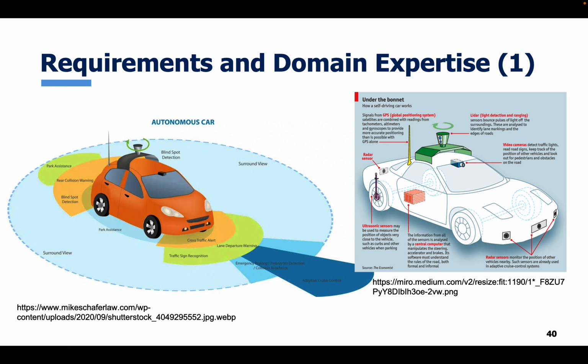One of the aspects of looking at requirements and domain expertise is that the domain expert can really help you break down the system into subsequent parts. This is an example of looking at autonomous vehicles. When we look at an autonomous vehicle, there are different components that go into that, different sensors that you may or may not want to have in your vehicle.